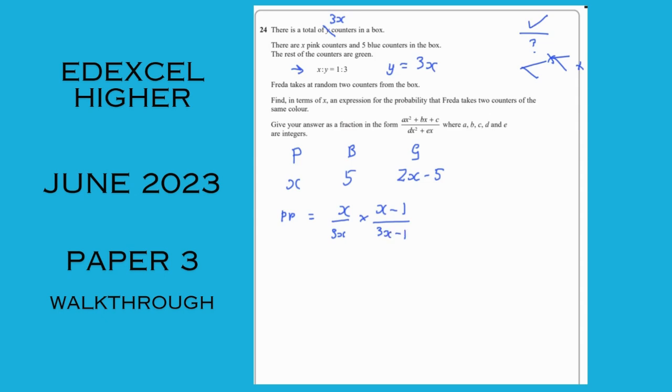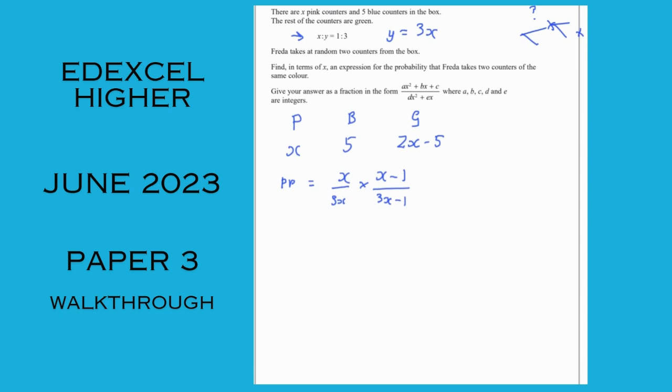And that will be common for all the parts, all the branches of this question. So on the numerator side, we get x squared minus x. And just a quick check of the question, it wants it in that form, so let's give it in that form. 9x squared minus 3x.